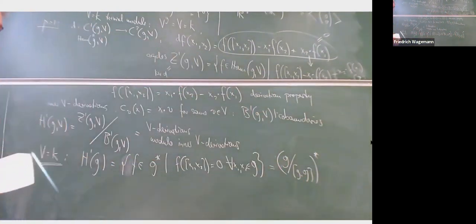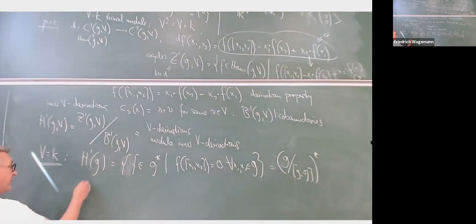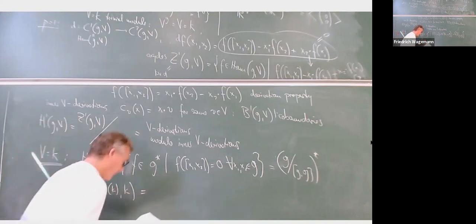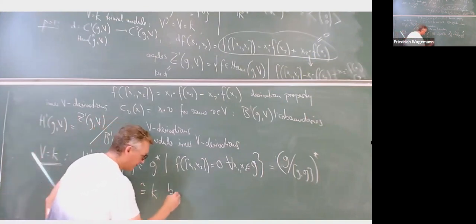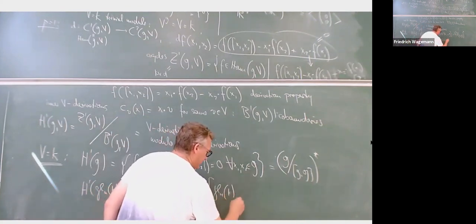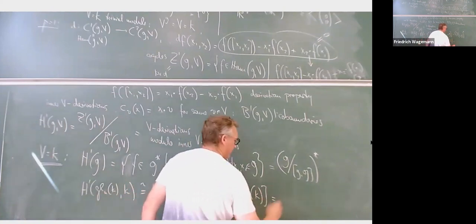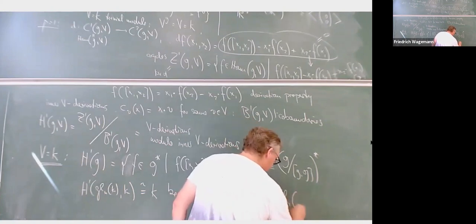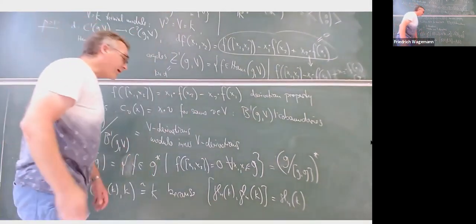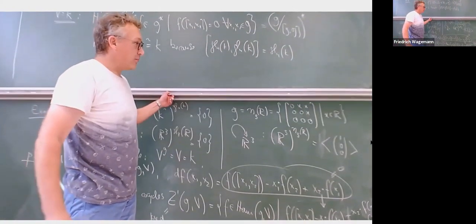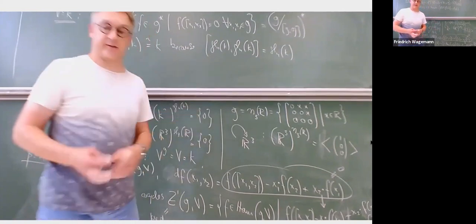To have an example here, H1 of gl_n(K) is K, because gl_n(K) is the sum of K and sl_n(K), as we already saw in Karel de Kimpe's talk.